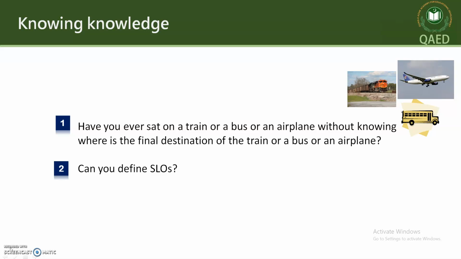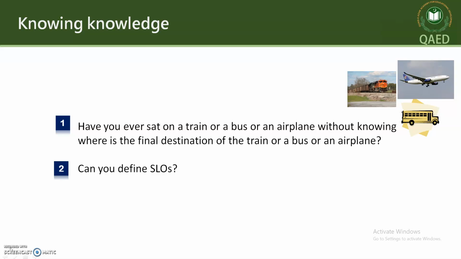Definitely your answer will be no. Without knowing the final destination, we cannot go anywhere, because it is in our mind where we want to go. So we set a goal in our mind of what we want to do.